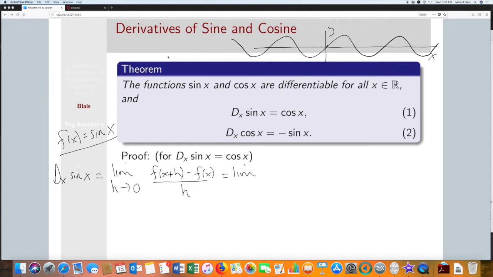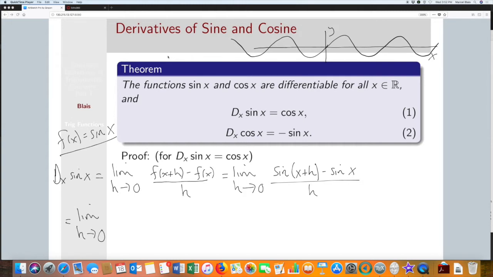Okay, that being said, our f of x in this case is sine of x. So we have sine of x plus h minus sine of x all over h. And we now start with a trig identity.